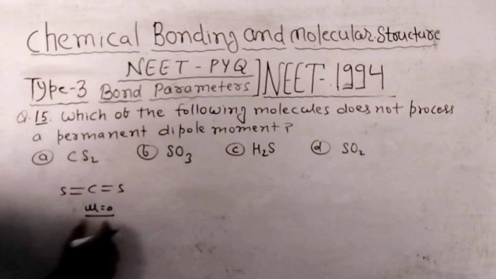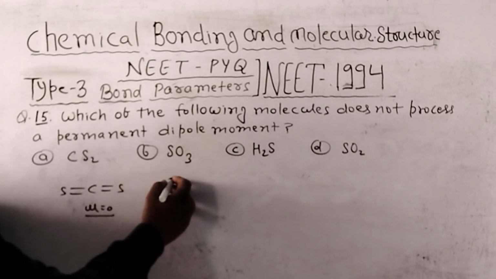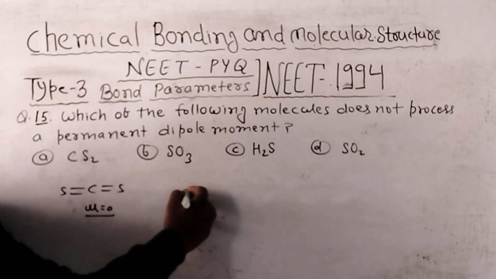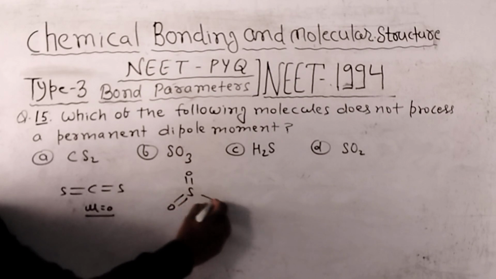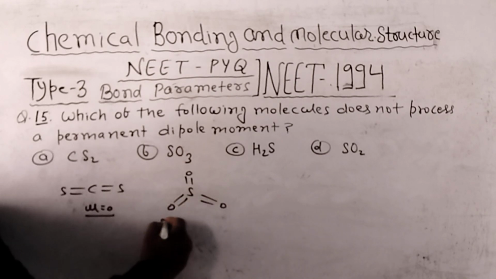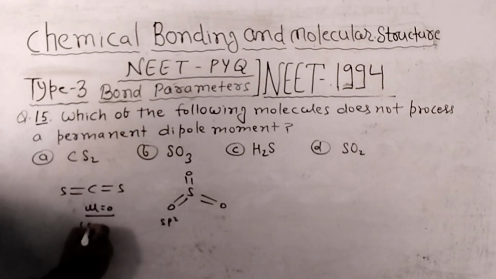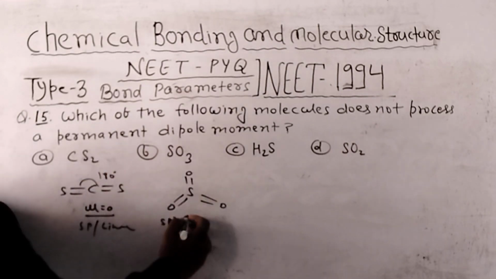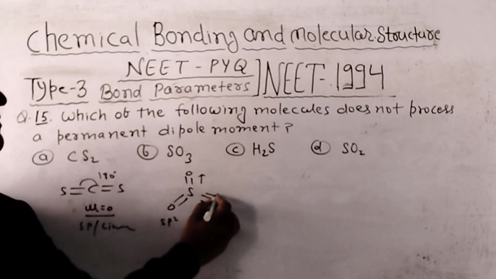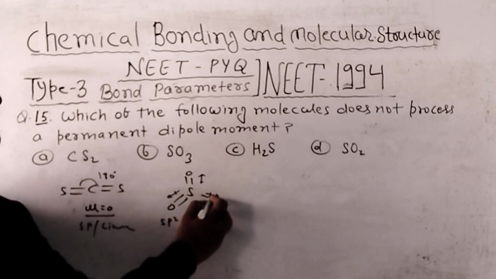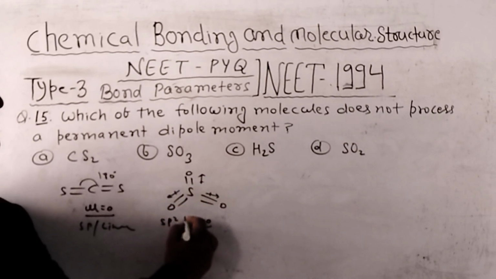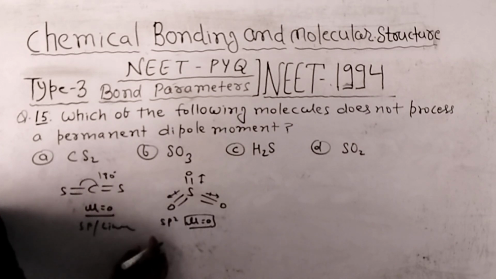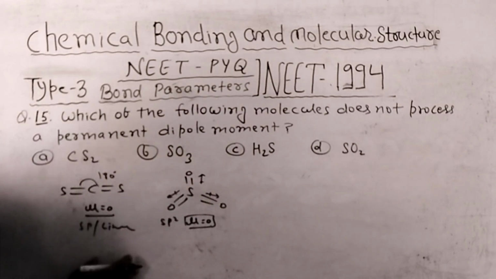Now in case of SO3, it is trigonal planar due to sp2 hybridization. Here, where sp hybridization is present, the structure is linear, bond angle is 180 degrees. This is also non-polar. So both options are correct.